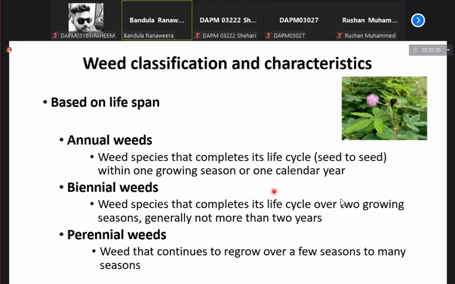So when the weed species completes its life cycle over 2 growing seasons, and not more than 2 years period, we consider it as a biennial weed. Dvivarshika, Varshika, Dvivarshika, and then perennial weeds.